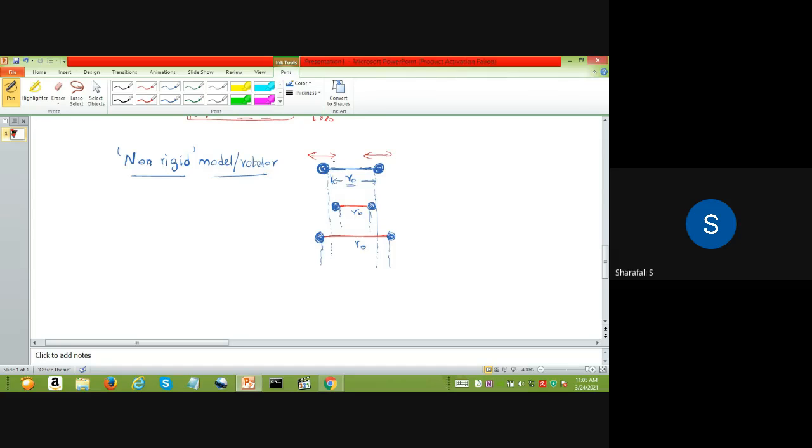So along with this variation in R0, this molecule is rotating like this. Now what will happen to this rotational energy level? How is this variation in R0 going to affect your energy level? That's what we have to discuss.